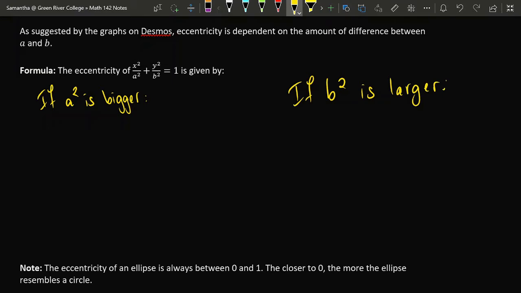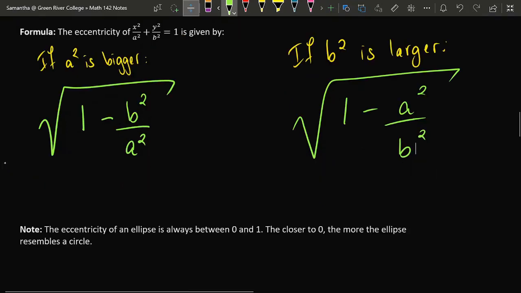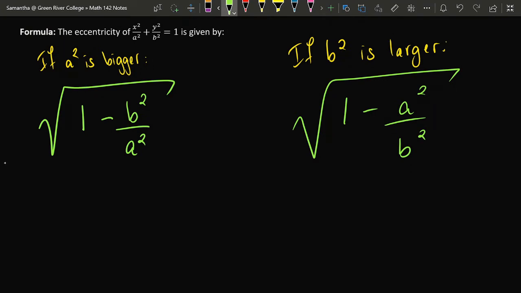If a squared is the larger number, then the eccentricity is equal to the square root of 1 minus b squared divided by a squared. If a squared is the larger number, it is the quantity which is in the denominator in this formula. Whereas if b squared is the larger number, the formula is almost the same, except we put b squared in the denominator. The goal is always to divide by the larger number.